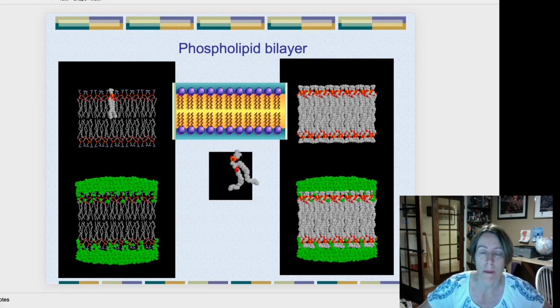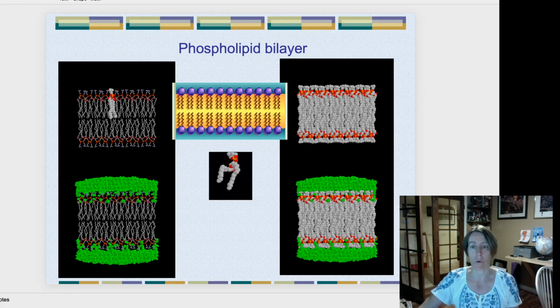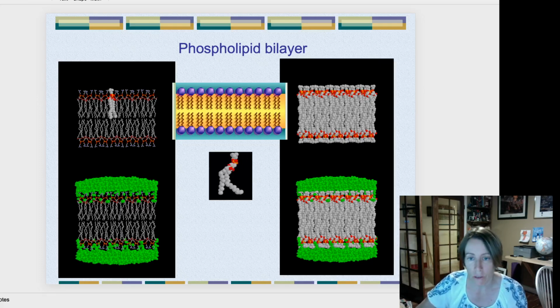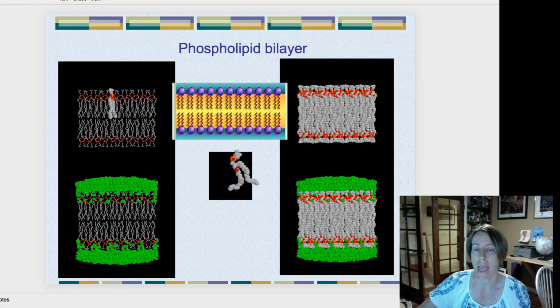And if you remember from the end of Unit 1, phospholipid molecules have a head portion that is charged, and so it likes water, it's hydrophilic, and the tails are uncharged or non-polar, and so they do not like water.